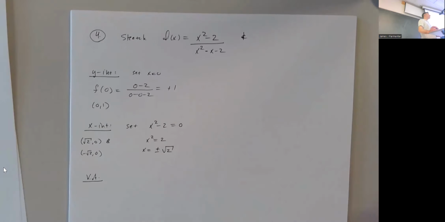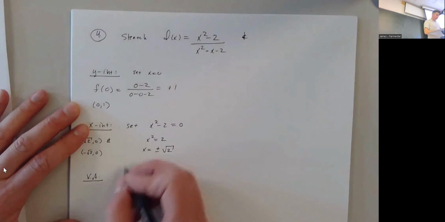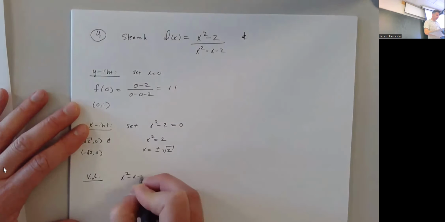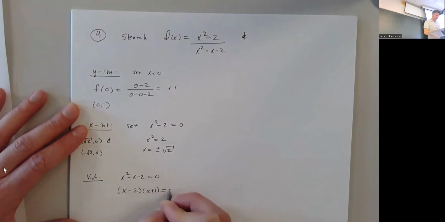You could factor the numerator as x minus root 2 times x plus root 2. I wouldn't. The denominator, if we set that equal to 0, does factor as x minus 2 times x plus 1 equal to 0. So we're getting x equal to positive 2 and x equal to negative 1.